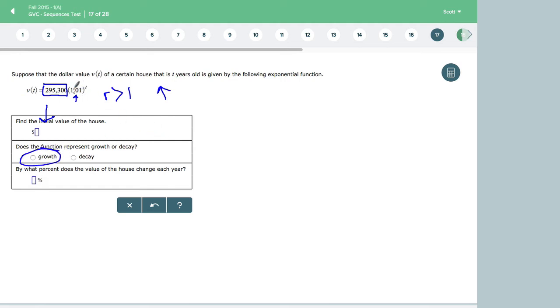You just find the difference between this number and 1, so it's 0.01. Move the decimal twice, and you get 1%. So that's how we'd enter it. We'd say, okay, the initial value is 295,300. It's growing because it's greater than 1. How fast is it growing? It's growing by 1%.